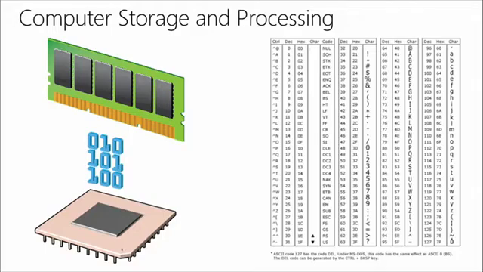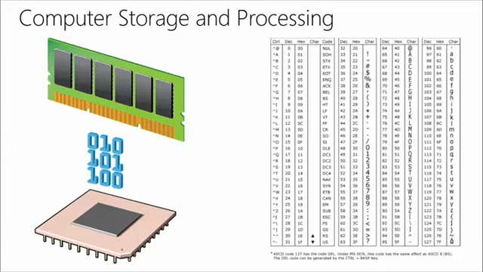We have to have a way of representing those character sets, and that's what they're referred to. These are the characters or the symbols that make up the words and the letters that we use. And in order to represent those internally in the computer, a 0 or a 1 isn't sufficient, so we have to represent them with multiples of these zeros and ones.